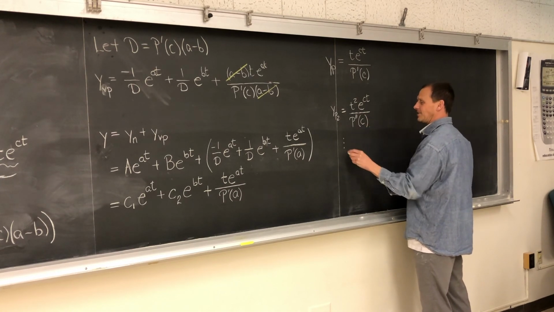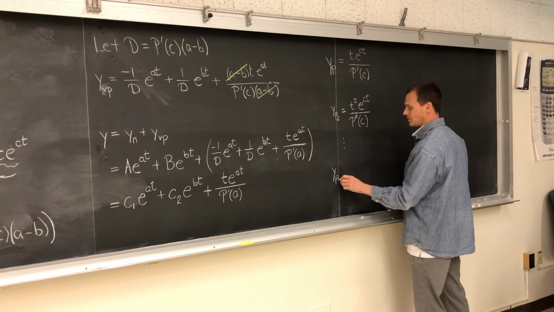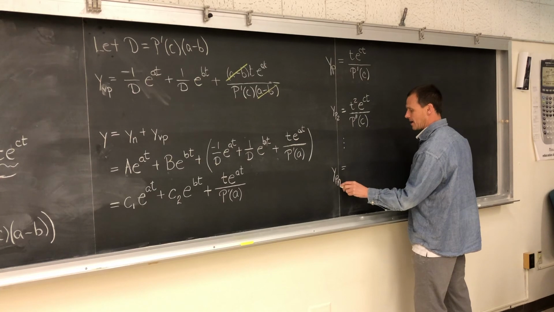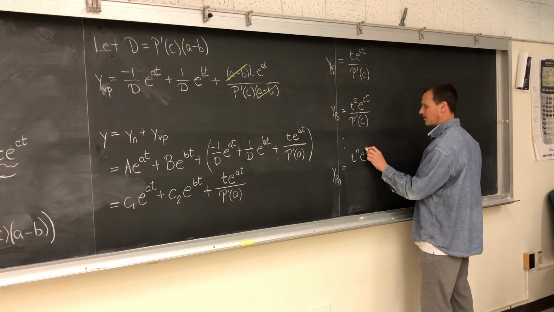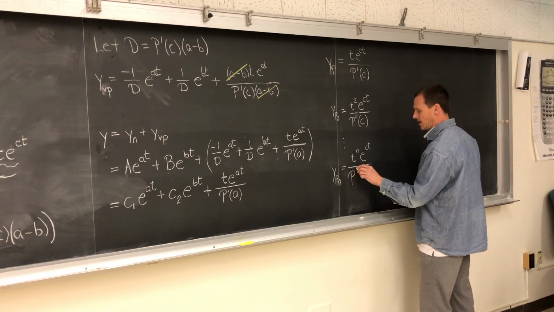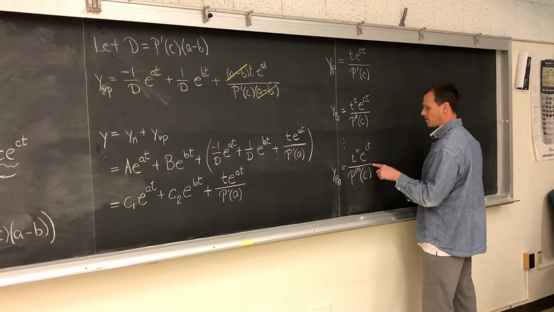And you could continue this out for however many repeated solutions you would have. So Pn would be t to the n e to the ct over the nth derivative of p at c. Probably not going to happen.